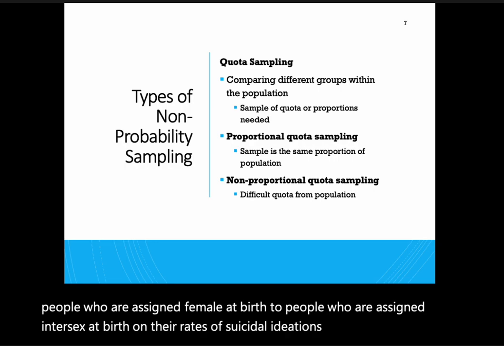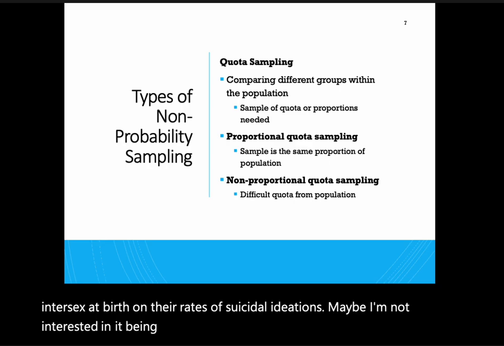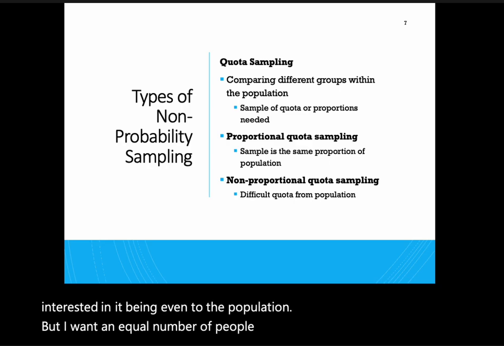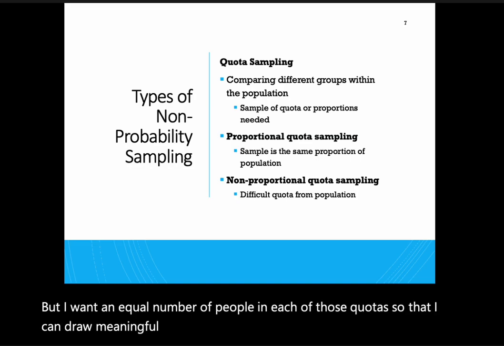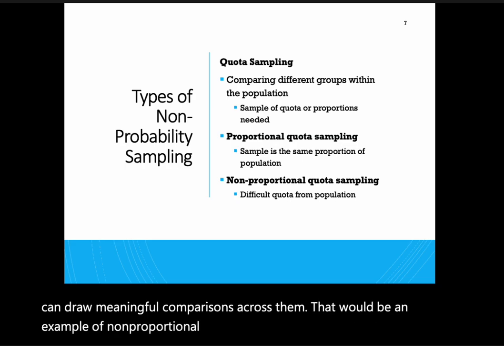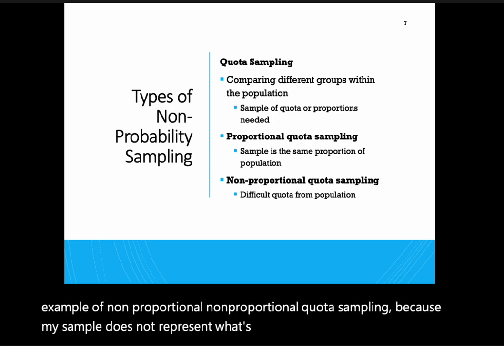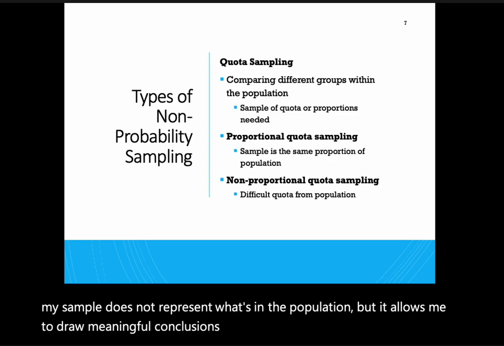Maybe I'm not interested in it being even to the population, but I want an equal number of people in each of those quotas so that I can draw meaningful comparisons across them. That would be an example of non-proportional quota sampling, because my sample does not represent what's in the population, but it allows me to draw meaningful conclusions across the samples.